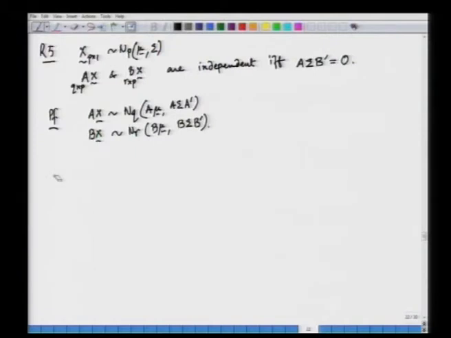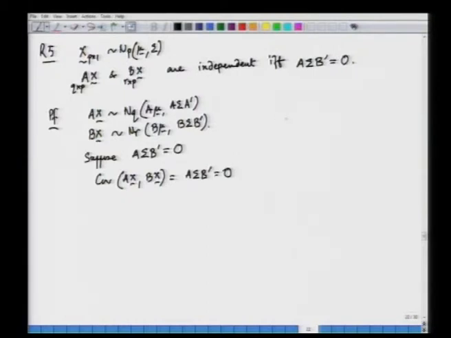Suppose A sigma B transpose is in fact a null matrix. Now, what is the covariance between Ax and Bx? Well, this is certainly A sigma B transpose, which has been assumed to be equal to a null matrix.